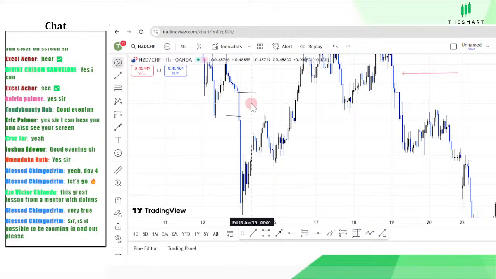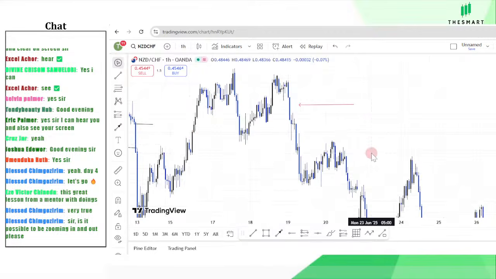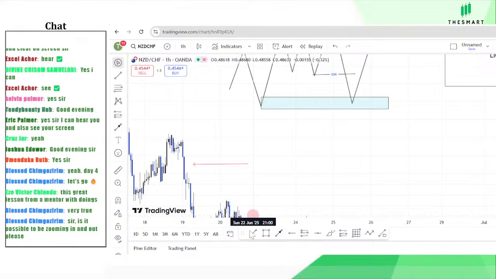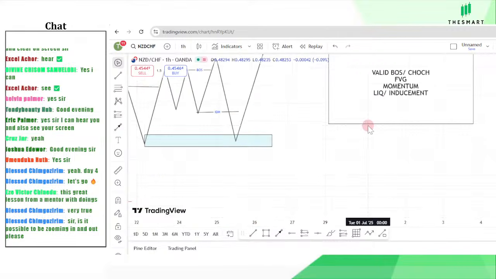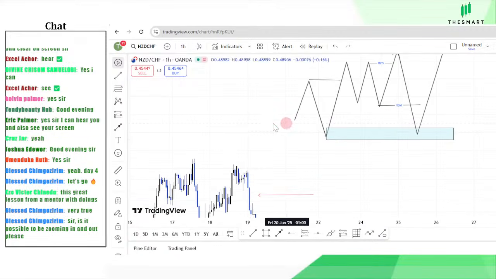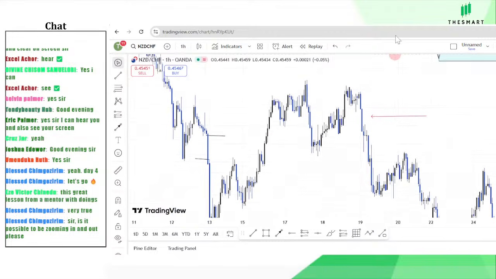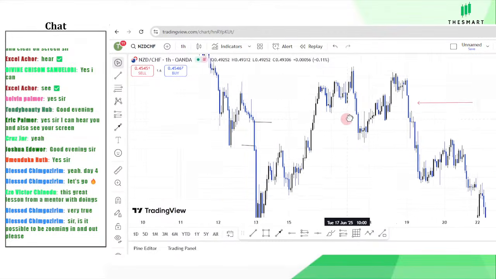Now the next thing I mentioned we'll be using on the list is inducement or momentum. Okay, let me explain momentum first. So talking about momentum, this is what we mean by momentum.